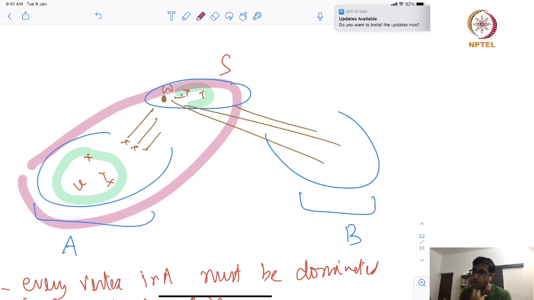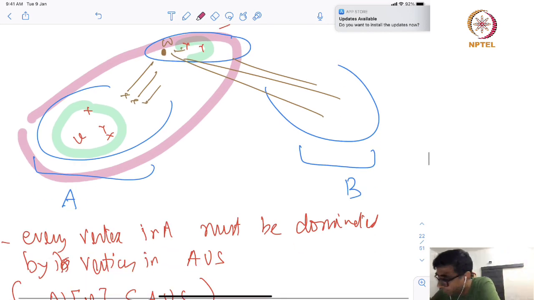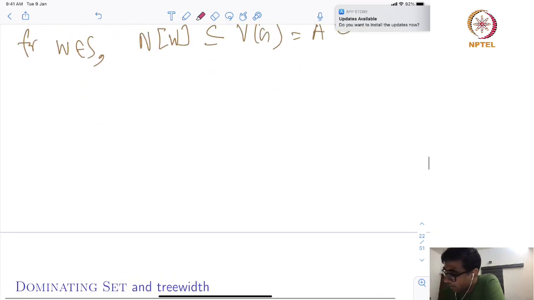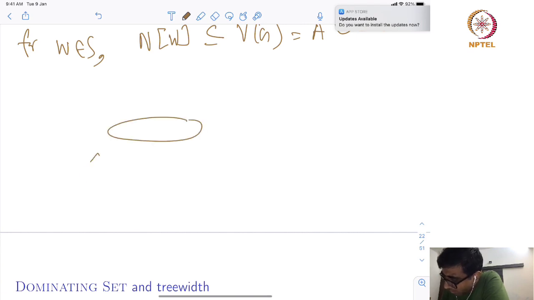So basically if I were doing a dynamic programming algorithm, then as I have been telling you, this is my bag and this is what it is.